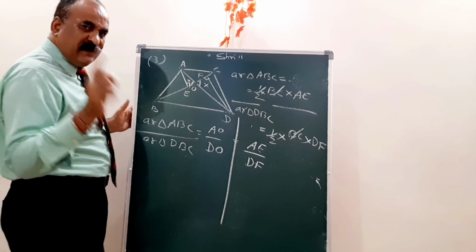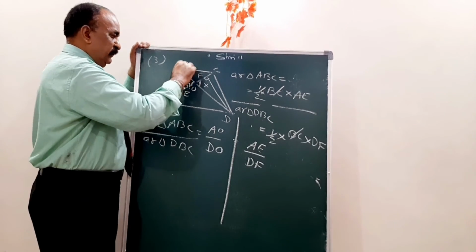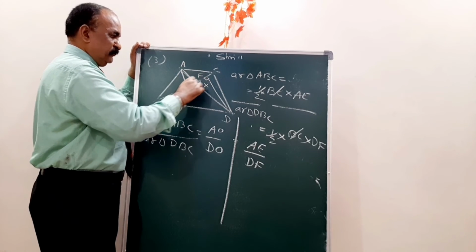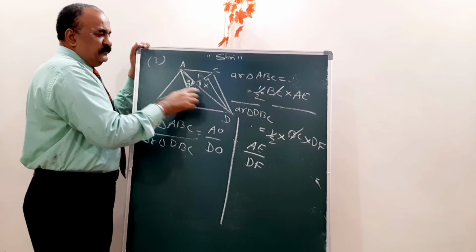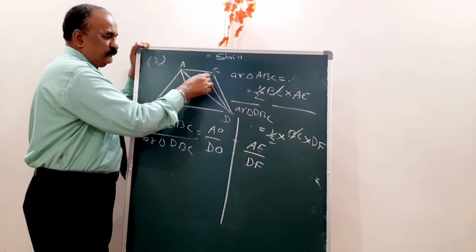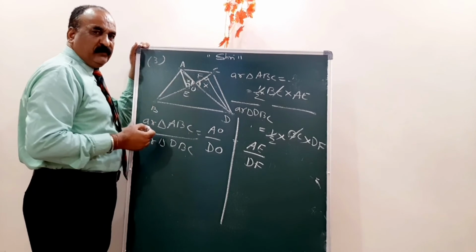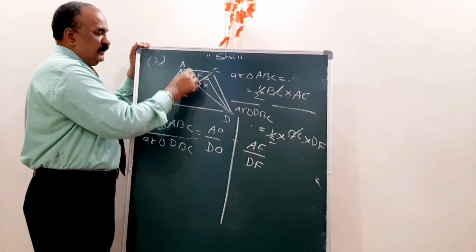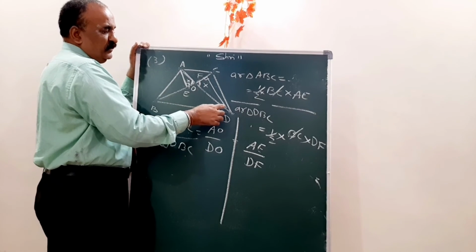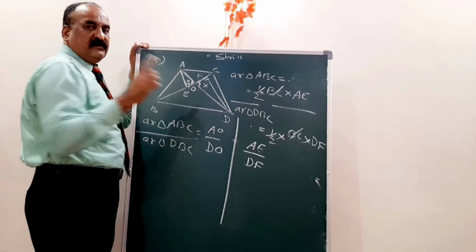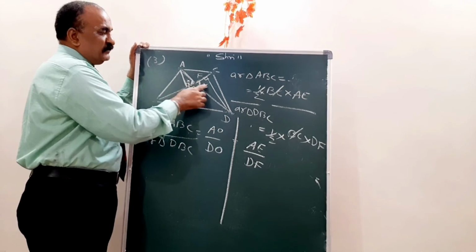Is this clear to you? Again I want to explain. In these two triangles, angle AOE is equal to angle DOF, vertically opposite angles, and angle AEO is equal to angle DFO, 90 degrees. It means both the triangles are similar.